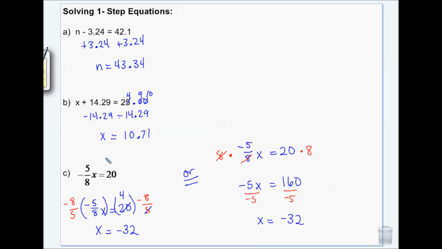So this is a matter of preference. If you're comfortable dealing with the fraction and you want to do a one-step problem, you can multiply by the reciprocal. If fractions make you uncomfortable, multiply by the denominator first. That gets rid of the fraction, and you're left with just the numerator and the variable, and then you can divide by that.